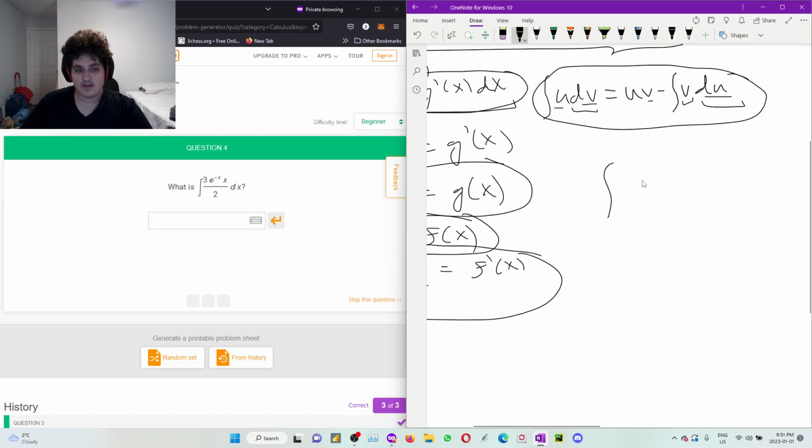We have the integral of, so we can just use the constant rule to take out the 3 over 2. This works in differentiation and integration because constants don't affect the area under the curve besides just scaling it. Whenever you're differentiating a constant times a function, it's just going to be the constant times the derivative.